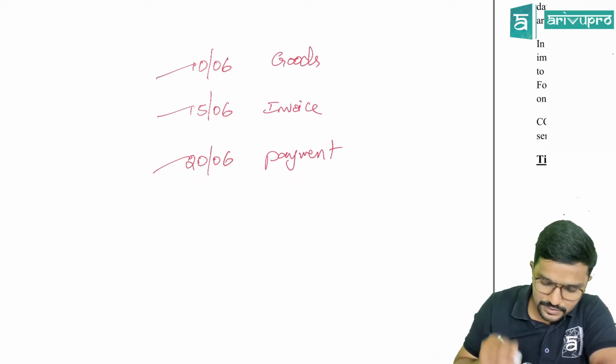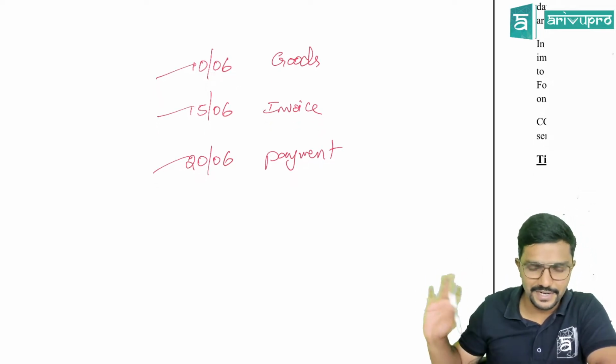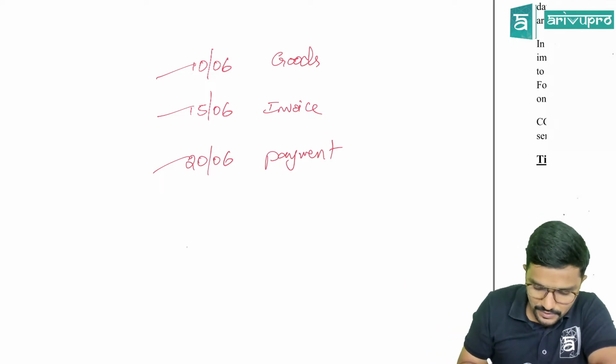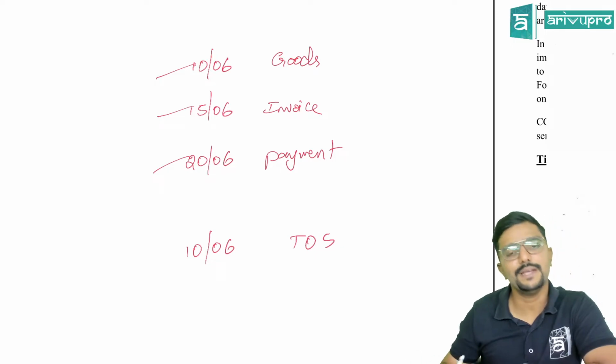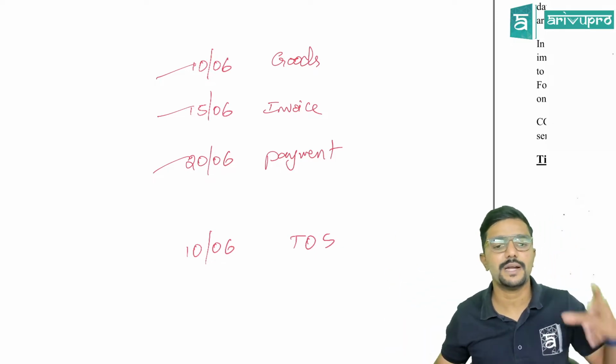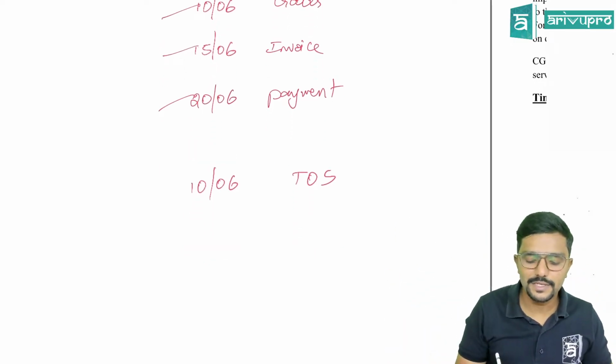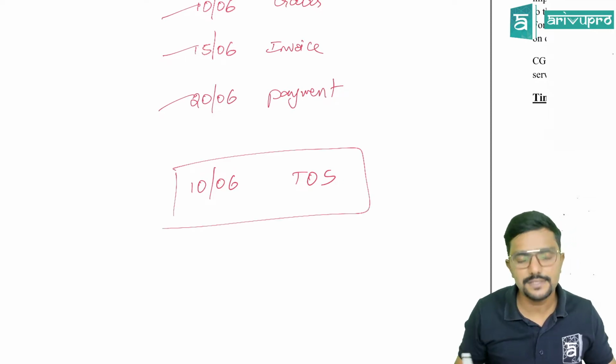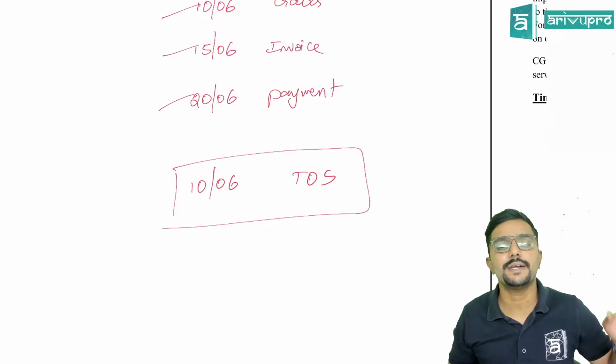Assume the time of supply as per this. We have not yet read the provision, I'm just telling you. Suppose I have applied the time of supply provisions and calculated that the time of supply is 10th June. In that case, supply has taken place on what date? 10th June.